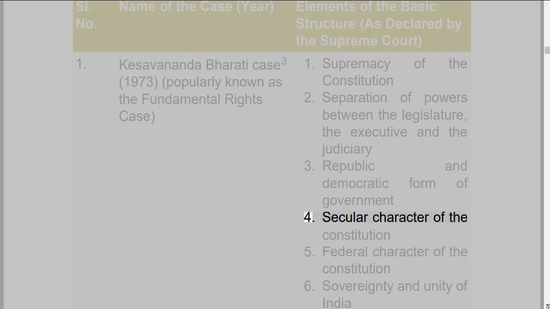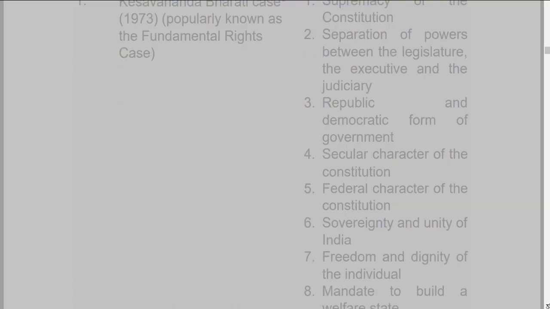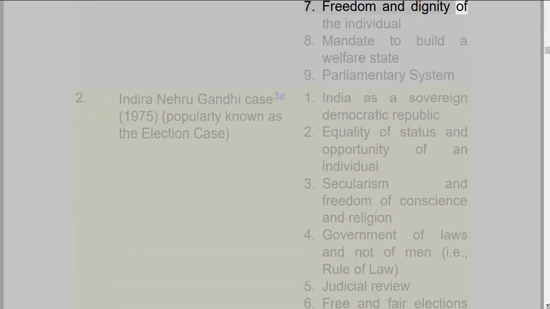Republican and democratic form of government. 4. Secular character of the Constitution. 5. Federal character of the Constitution. 6. Sovereignty and unity of India. 7. Freedom and dignity of the individual. 8. Mandate to build a welfare state. 9. Parliamentary system.